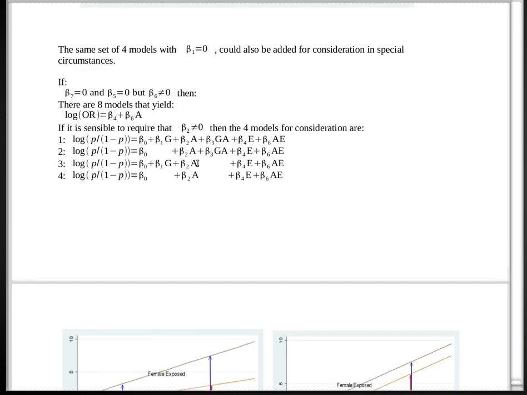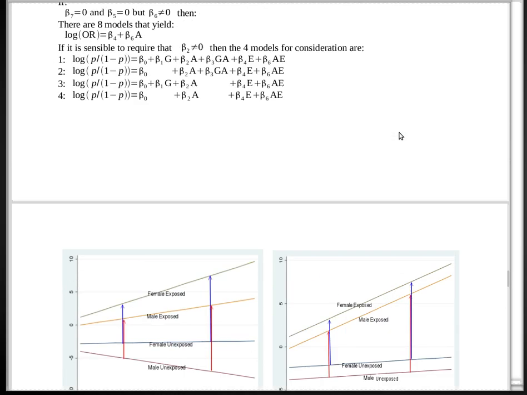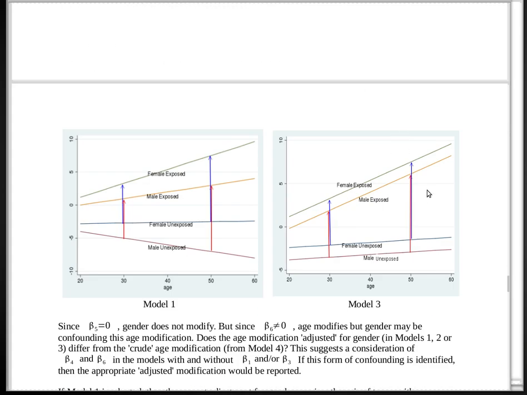Notice that we're saying that the relationship between the log of odds of disease and age is seen first with beta 2 and beta 6. Okay. In other words, we're going to get, for the females, these two lines, and they'll be parallel.